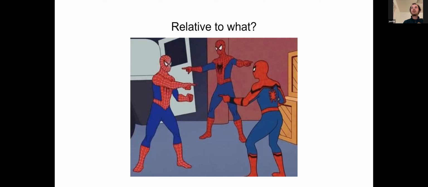And this may be two rovers relative to one another. It may be two humans relative to one another. It may be a human relative to a machine. And this is just kind of a fundamental challenge, making sure we define what it is we're working relative to.